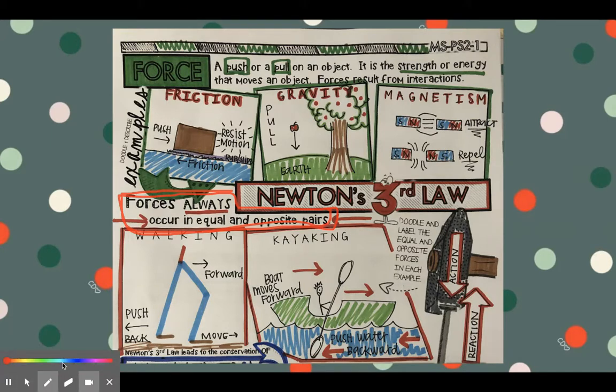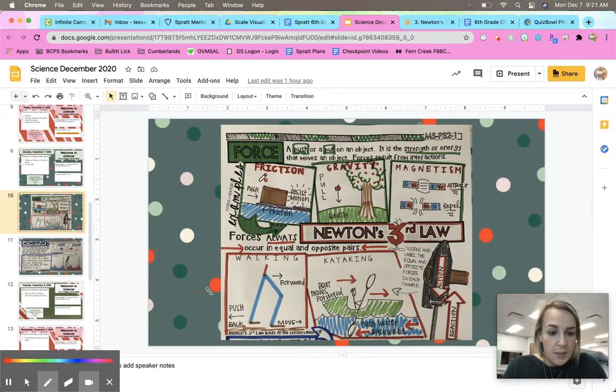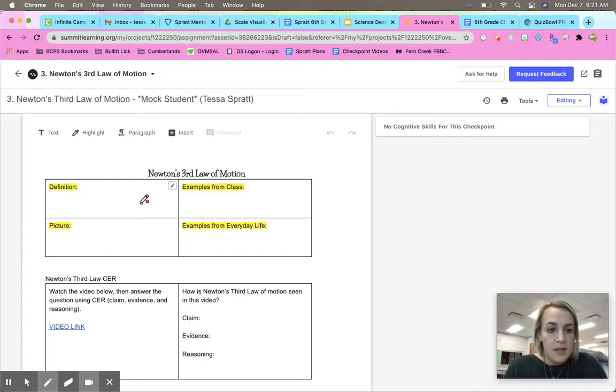Another way to talk about Newton's third law is for every action, there is an equal and opposite reaction. So you could also put that for the definition. For every action, there is an equal and opposite reaction. So I will actually put that in this definition.